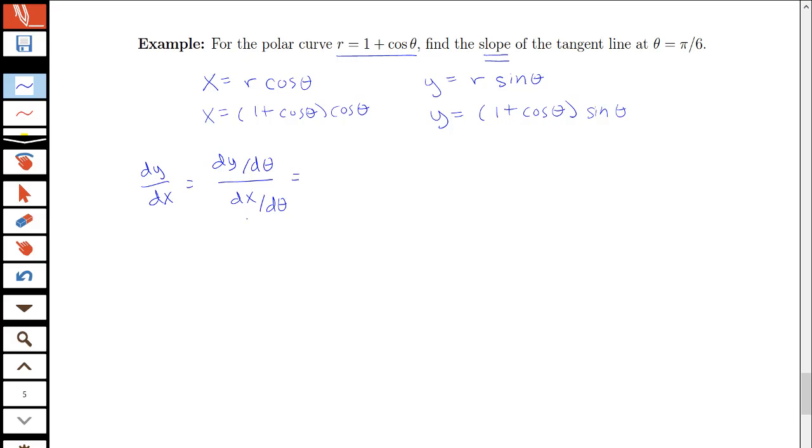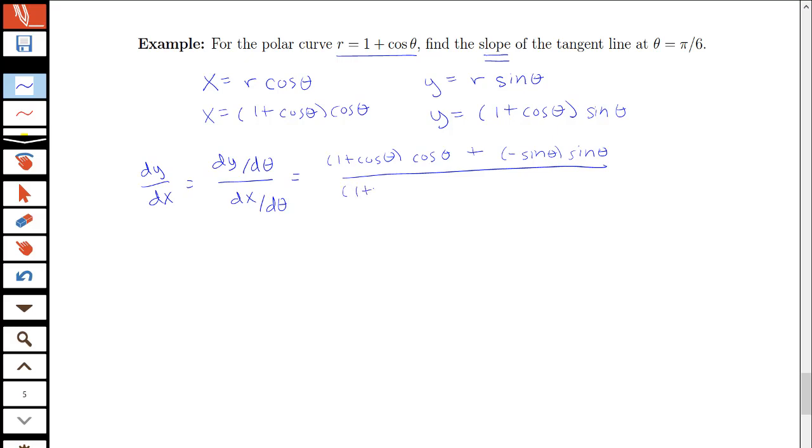So our dy d theta will involve our product rule. I'm going to have that first function, 1 plus cosine theta, times the derivative of the second function, so times cosine theta, plus my sine theta here times the derivative of 1 plus cosine theta. So I'll have negative sine theta times sine theta. And this will be divided by our dx d theta.